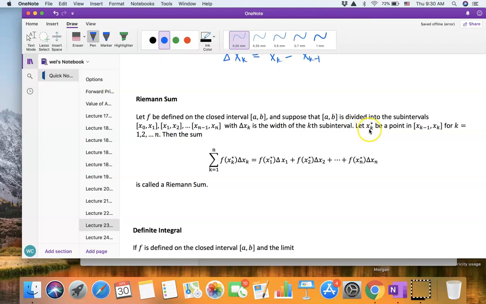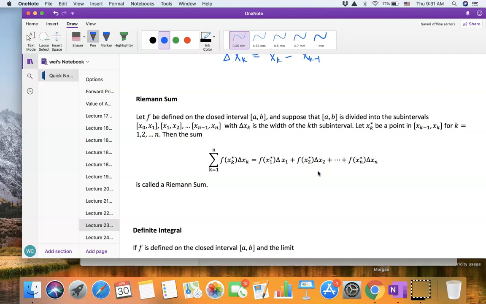And if we let x sub k star be a point in the kth subinterval, a random point on the kth subinterval, so it can be any point between these two numbers, or it can be one of these two numbers, then this summation of f of x sub k star times delta x sub k, which is f of x1 star times delta x1 plus f of x2 star times delta x2 plus all the way to f of xn star times delta xn, is called a Riemann sum.